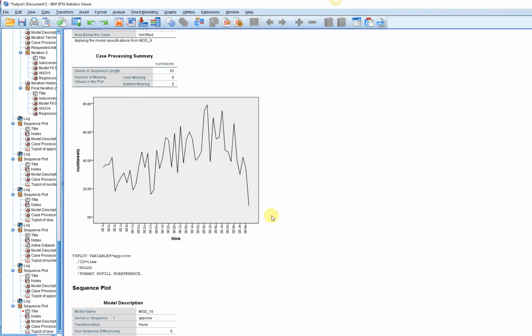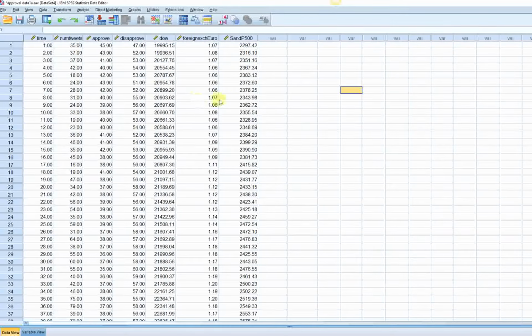So what I'm going to do is start with a least squares regression analysis and discuss that. The thing about least squares, when it comes to time series data, is that oftentimes it's not really appropriate.